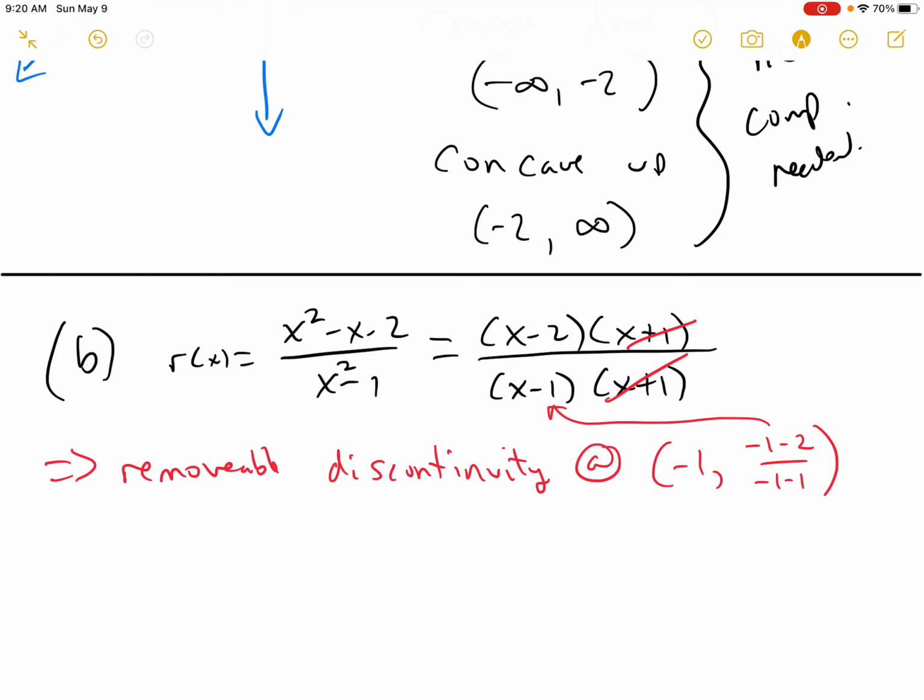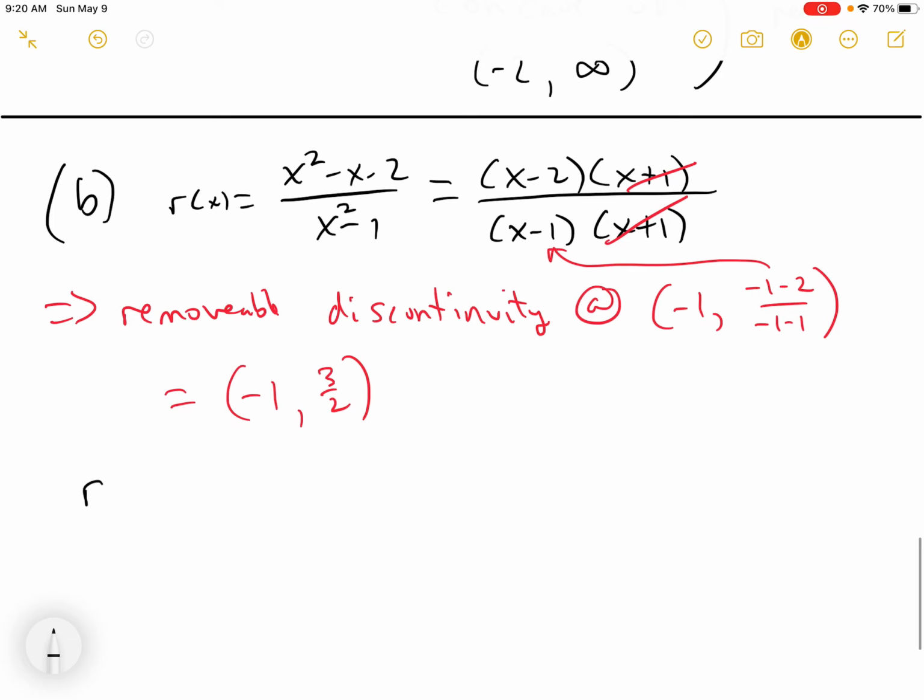I just plugged it in here, which is minus 1 comma 3/2. So that's important. And now all we have to do is graph this guy and remember to put a hole at negative 1, 3/2.